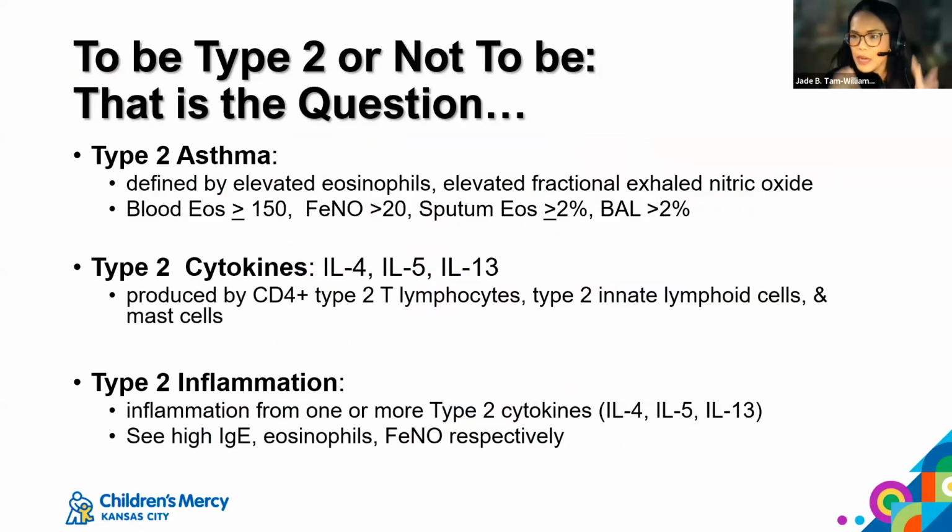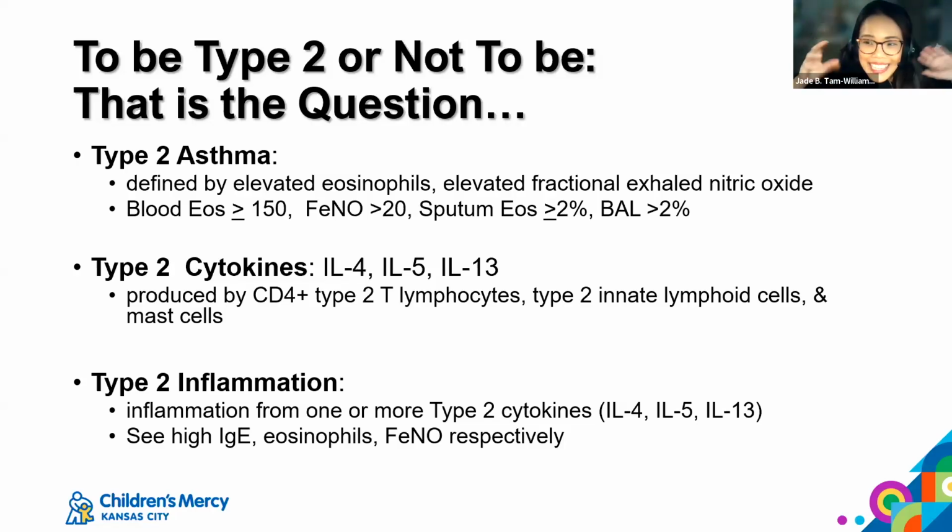So we typically talk about IL-4, IL-5, IL-13, and these are produced by different types of type 2 white blood cells or type 2 lymphocytes, and they are part of the activation process on the type 2 side. And then we say type 2 inflammation means, hey, this is inflammation from these type 2 cytokines.